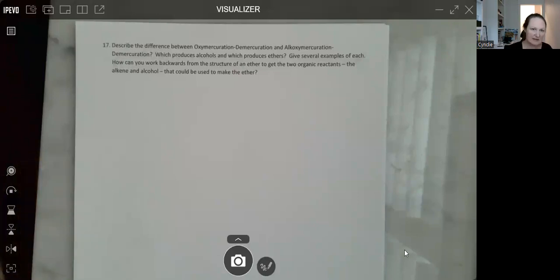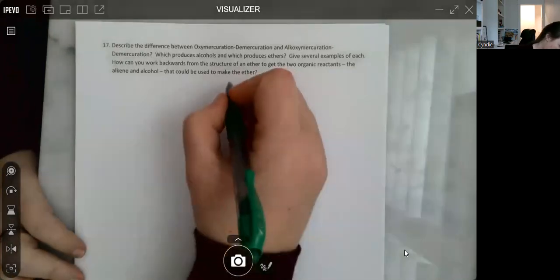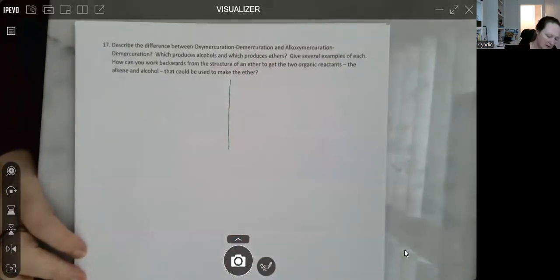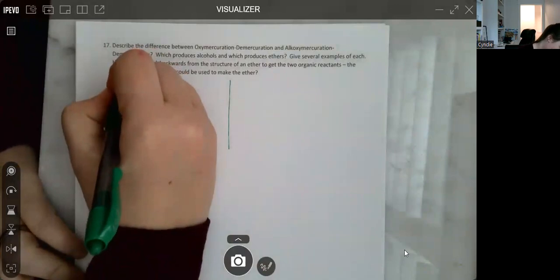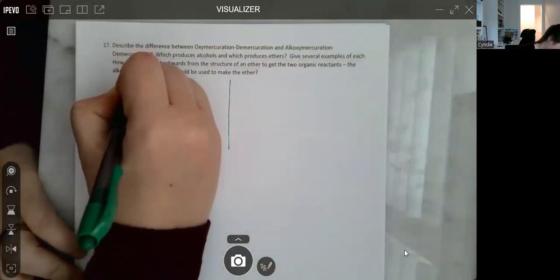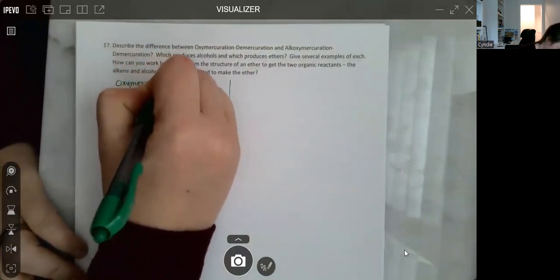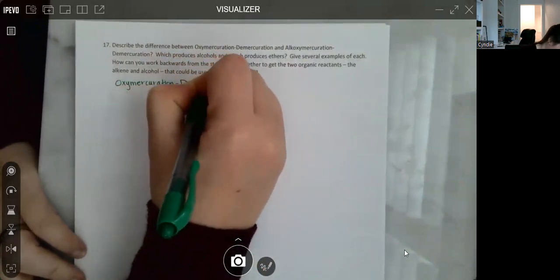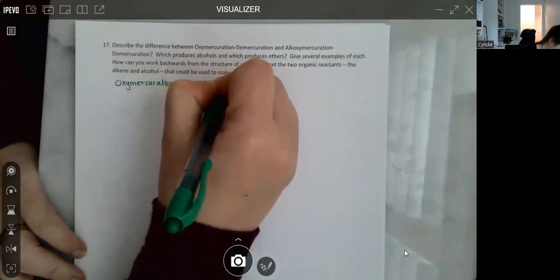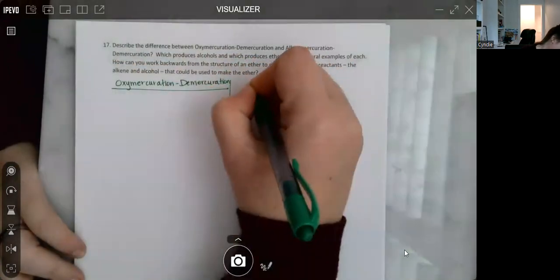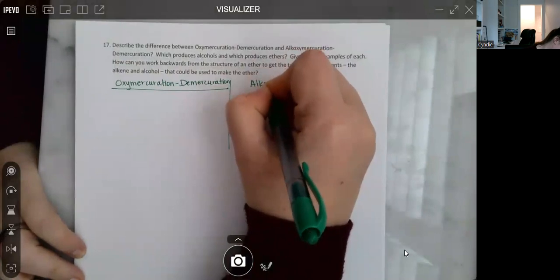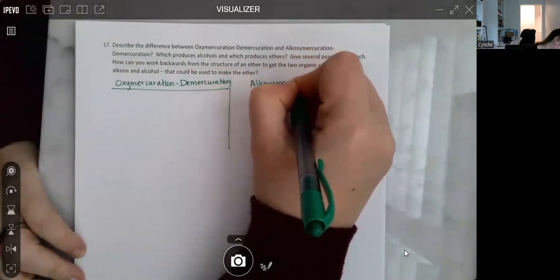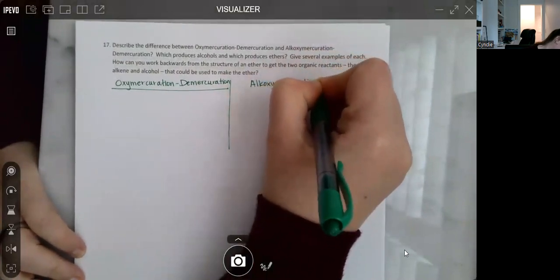Okay, so let's give some examples here, some background information. It wants us to compare the oxymercuration, demercuration versus the alkoxymercuration, demercuration.